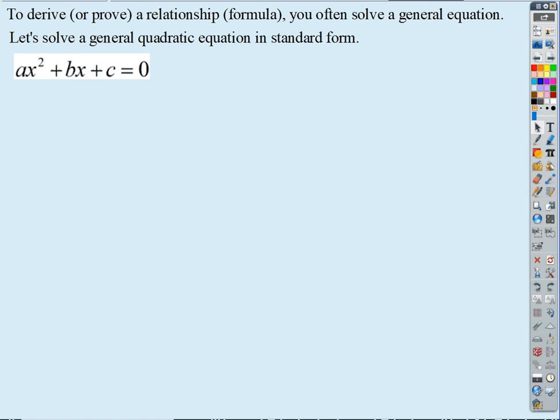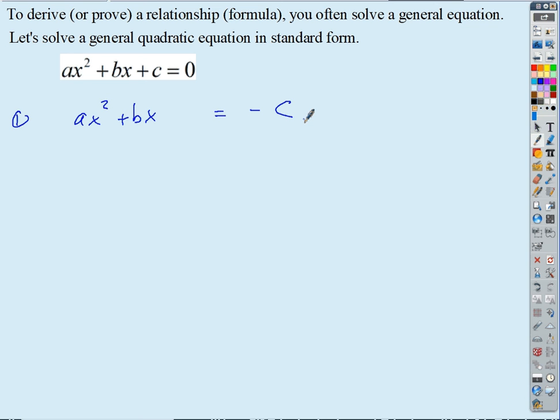Okay, so what would the steps be then? Let's just go through these together. What would the steps be to complete the square? First, I'd have to subtract c, right? I've got to get the x squared and the x term by themselves. So step one would be we just get ax squared plus bx equals negative c.